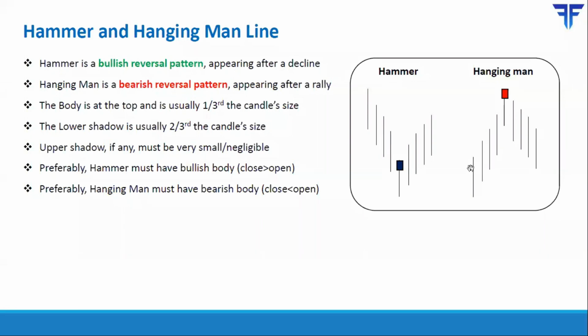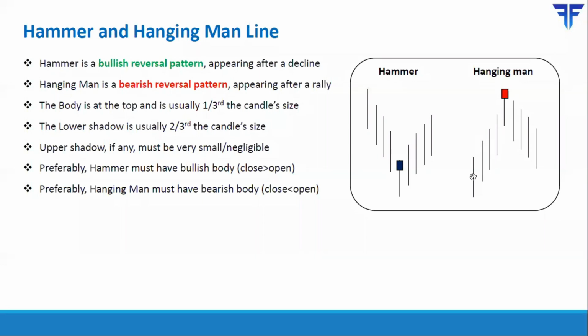Talking about the psychology of this pattern, after an uptrend, price opened with a gap kind of situation. But then instead of continuing higher, there was significant selling pressure that came in during the day. By the end of the trading session, however, price managed to close above the midway point of the entire candle.